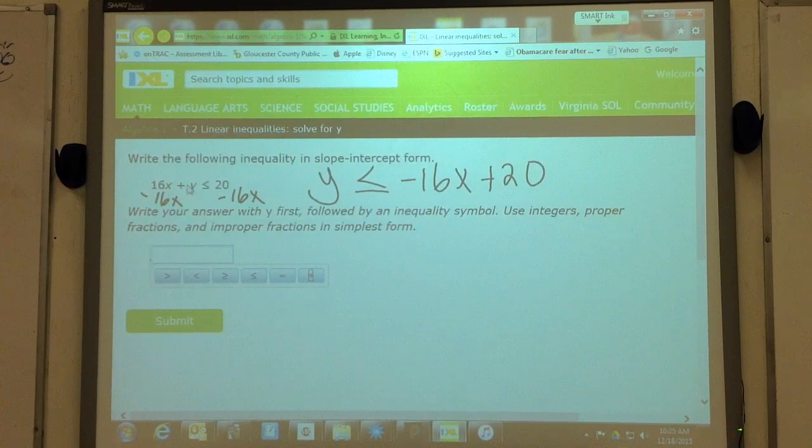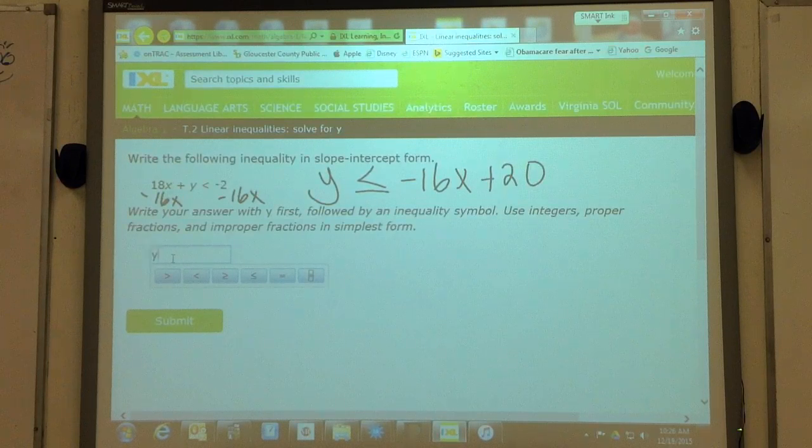Hopefully you can hear me again. There's my y, less than or equal to negative 16x plus 20. You can see that I typed it in there. Hit submit. Brilliant. In this case, we're going to subtract 18x, so I'll do one more.